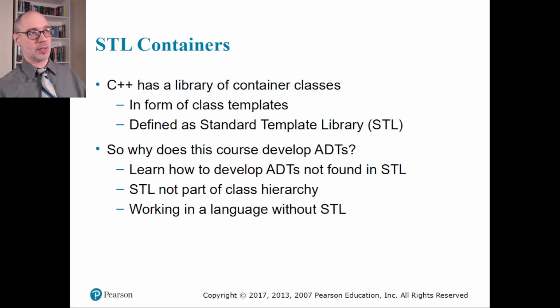Well, there's a bunch of reasons why I feel that it's important that we really understand fully how these things work by building them ourselves. So item number one, we've learned how to develop abstract data types on our own, maybe for things that aren't in the STL. First one that comes to mind, trees. The tree data type is not in the STL, basically because the way that it branches has a whole bunch of options for things that we might do.